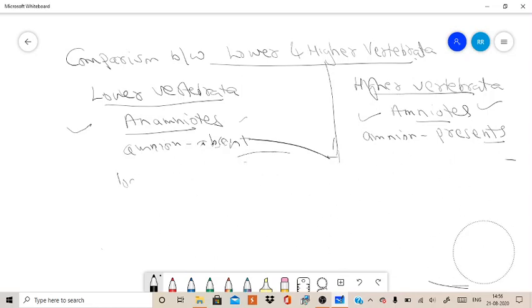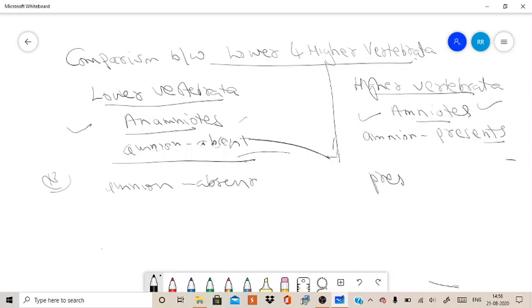So the next character that differs between lower and higher vertebrates, and the most important, as we are discussing here, is the first point: amnion is absent, whereas it is present in amniota.